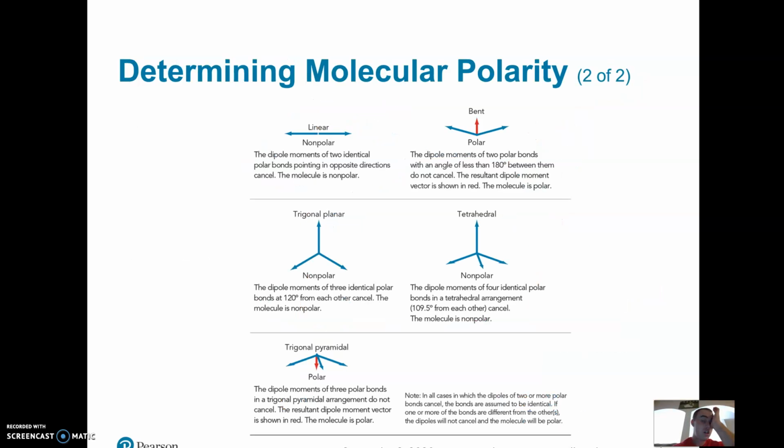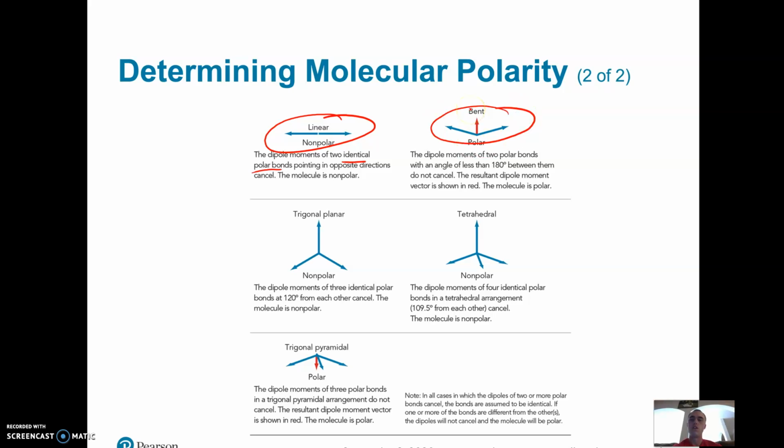Okay, and so here, these are the only examples that they give you in terms of geometry, but this is some examples here. So if we have 2 identical polar bonds, and so that's the key here, they have to be identical. If they're identical polar bonds on a linear molecule, it's nonpolar.